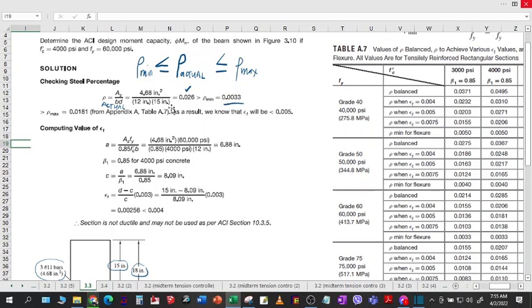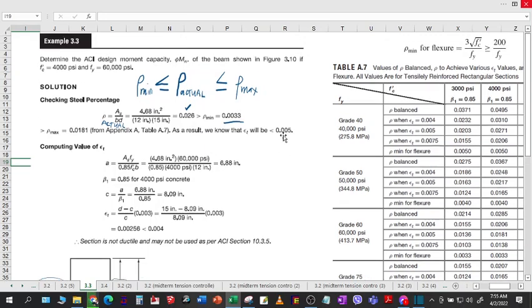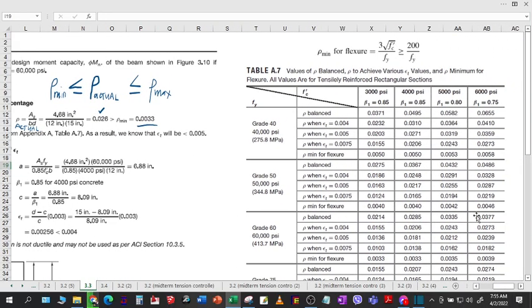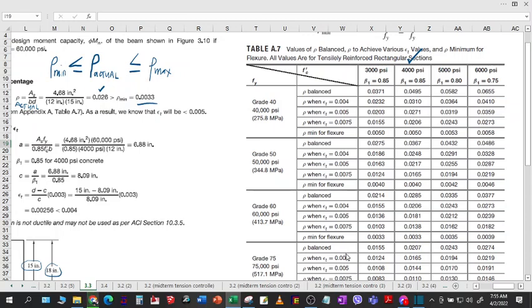Now, how did we solve for the minimum? Let me use the tabulated solution. We have here Table A.7. Our concrete is 4,000 psi, so we look at this column. And our fy is 60,000 psi, or grade 60, so we look at this row.